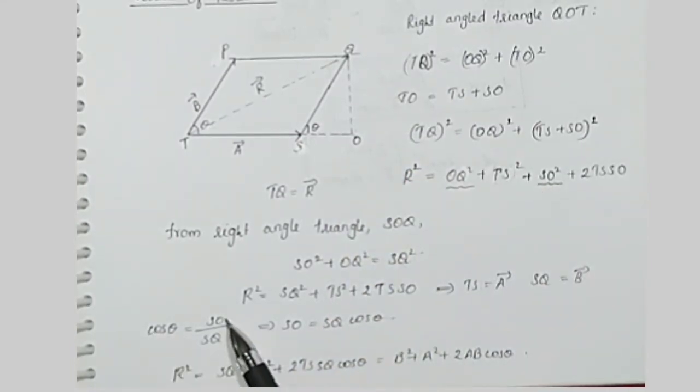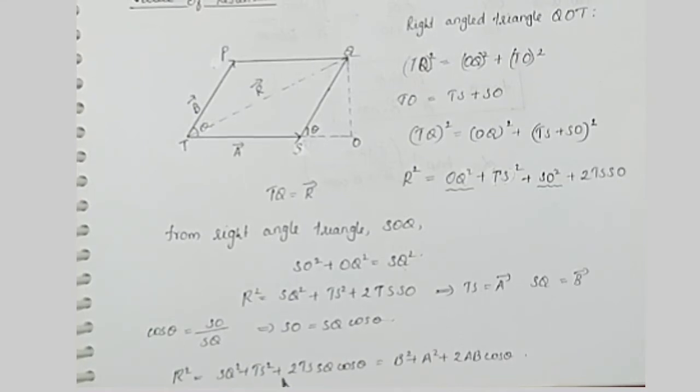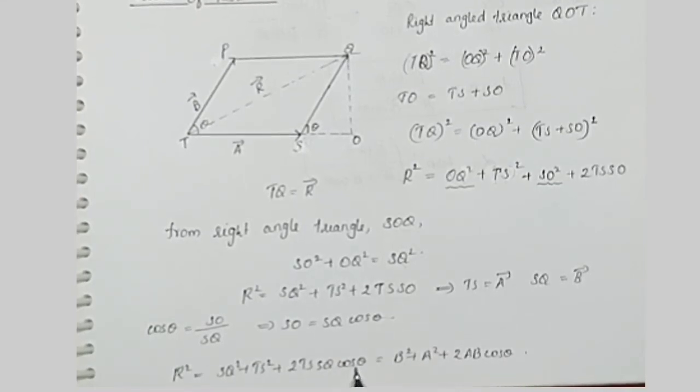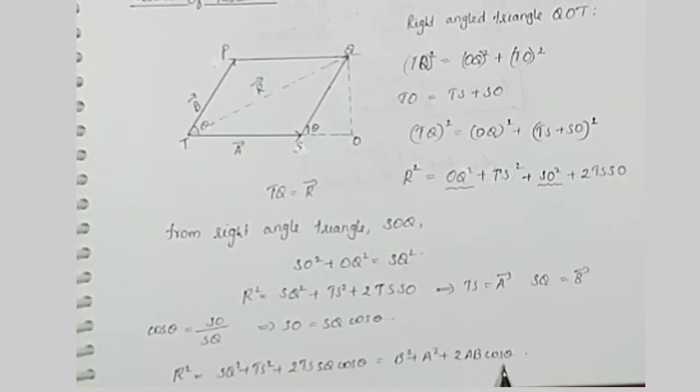Therefore SO is equal to SQ cos theta, and SQ is the vector B itself. Therefore SO is B cos theta. Thus the whole expression becomes R square is equal to SQ square plus TS square plus 2TS SQ cos theta, that can be written as B square plus A square plus 2AB cos theta.